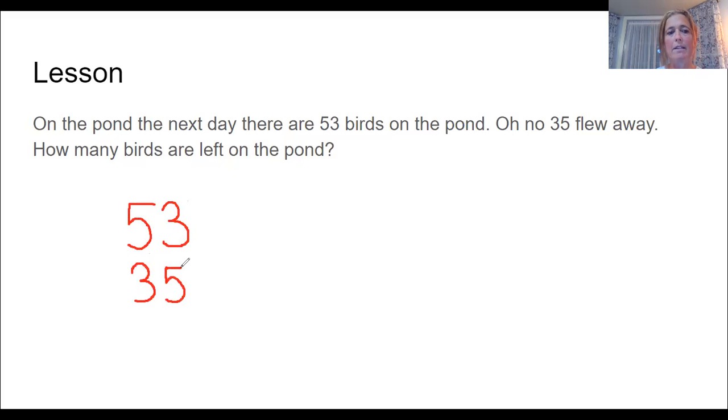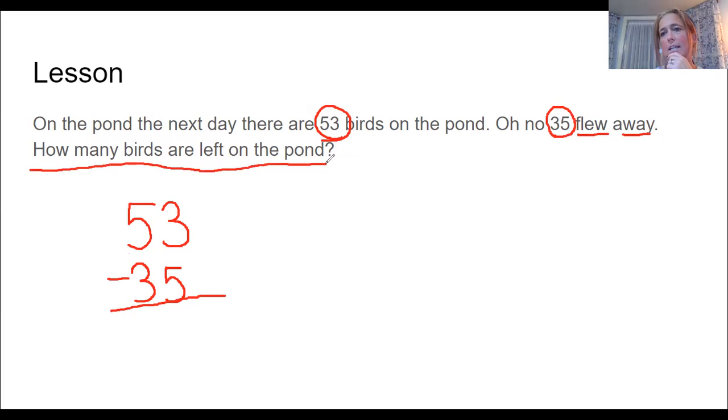Well, if they flew away, that means they're gone. So we are again subtracting. And it says, how many birds are left on the pond? So we need to figure out how many are left after 35 flew away.